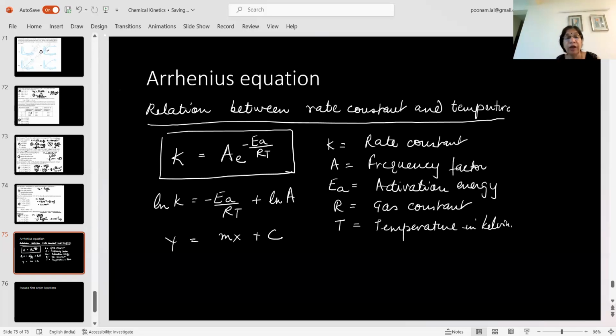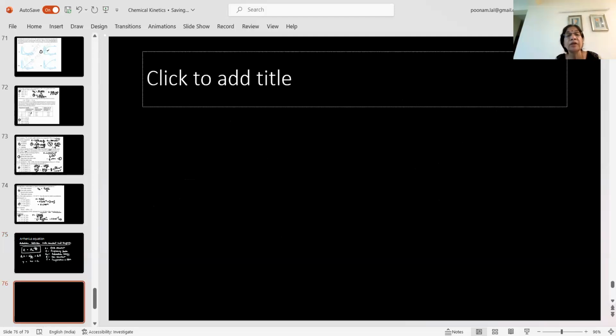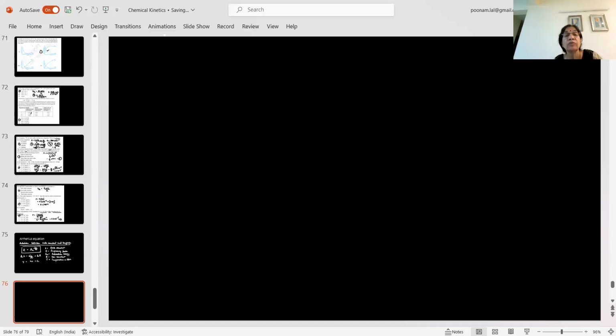Okay, so if I take another slide, I'll write it again here. So what is my Arrhenius equation? My Arrhenius equation is ln K is equal to minus EA by RT plus ln A. So this is equal to y is equal to mx plus c.